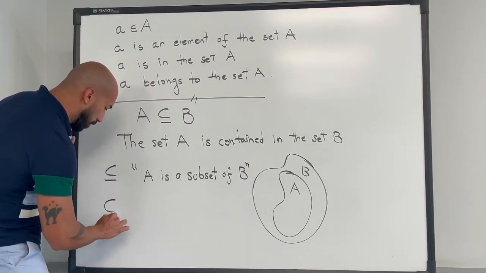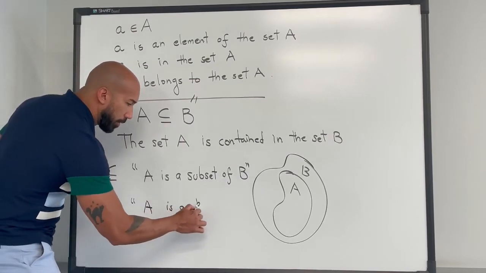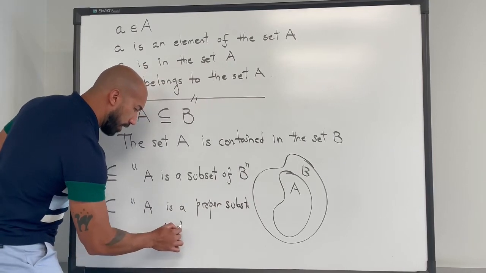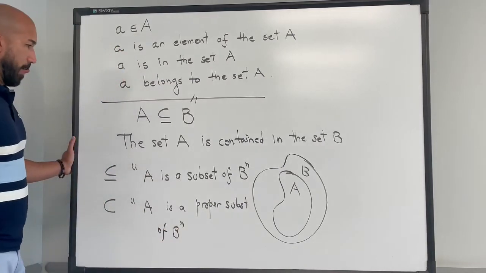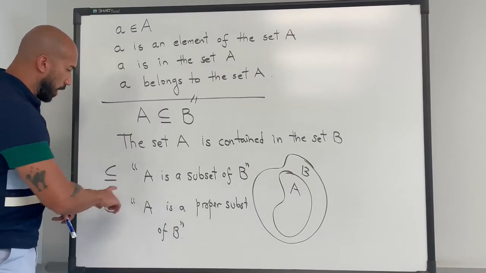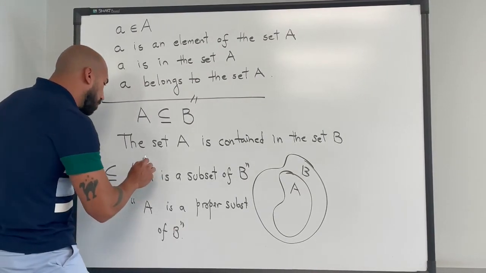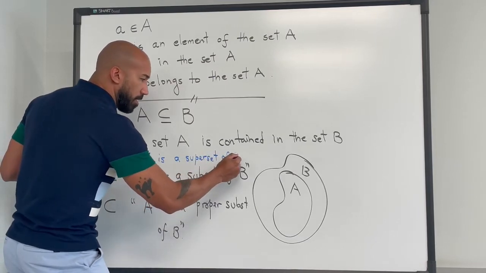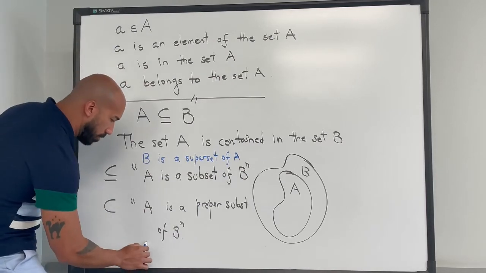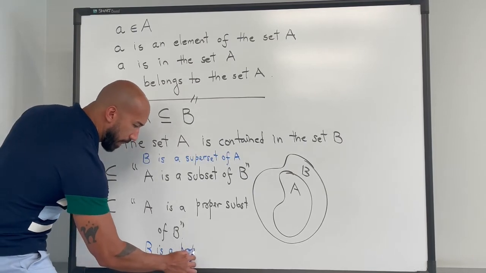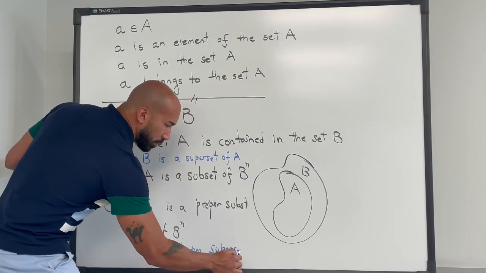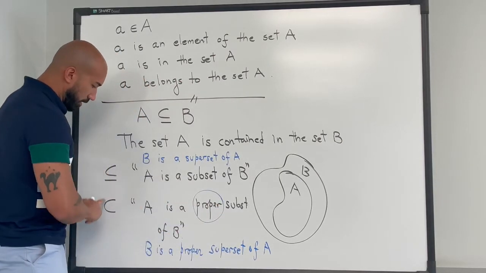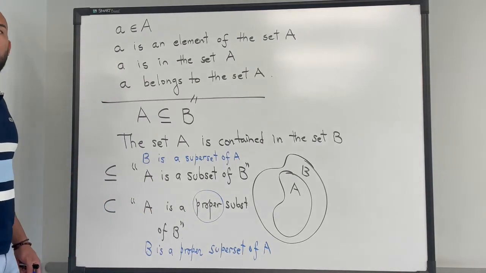In the case that we are using this symbol here, we are going to say that A is a proper subset of B. We can also say, when we use this symbol here, that B is a superset of A. And in this case, we are going to say that B is a proper superset of A. So notice that when we use the word proper, what we mean is we have the inclusion, but we are removing the case in which the sets are equal.